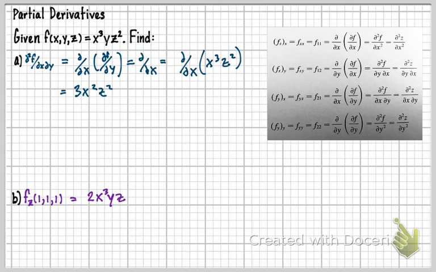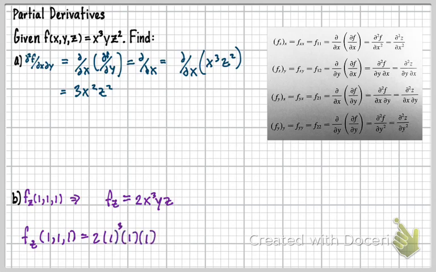Now, maybe I shouldn't have written it this way. Actually, I should have done this. Let me go back on this one. I'm just going to take this piece right here. And what I should have said was f of z equals this here. That's what I should have said. And then I can say f of z at (1, 1, 1) is actually equal to 2 times 1 cubed times 1 times 1.